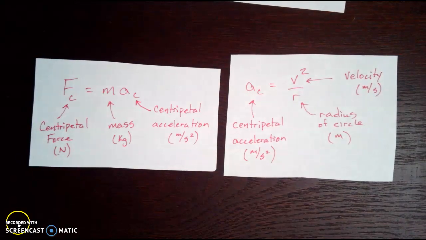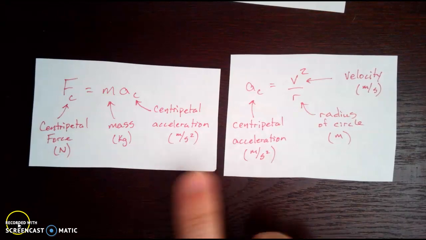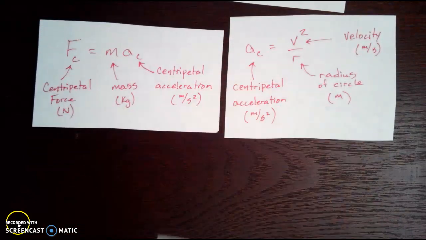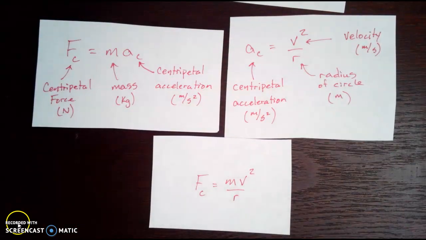The velocity is how fast that ball is moving around that circle, sometimes called the tangential velocity, how fast the ball is moving around the circumference of that circle. If we have these two equations, then we can combine them together and we can get this final equation down there at the bottom, which is very fun.